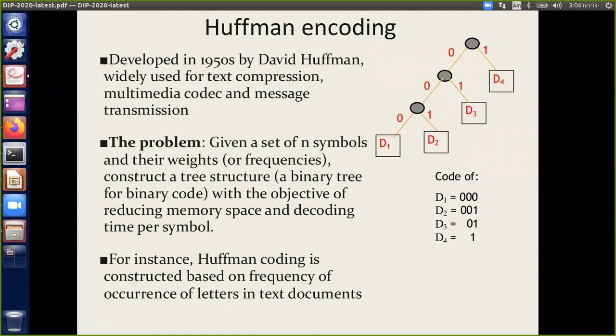The major principle in Huffman coding is creating a Huffman tree. The tree is binary. Why binary? Because the tree is designed based on binary bits, zeros and ones, since we are dealing with a digital image and every pixel is represented by binary.